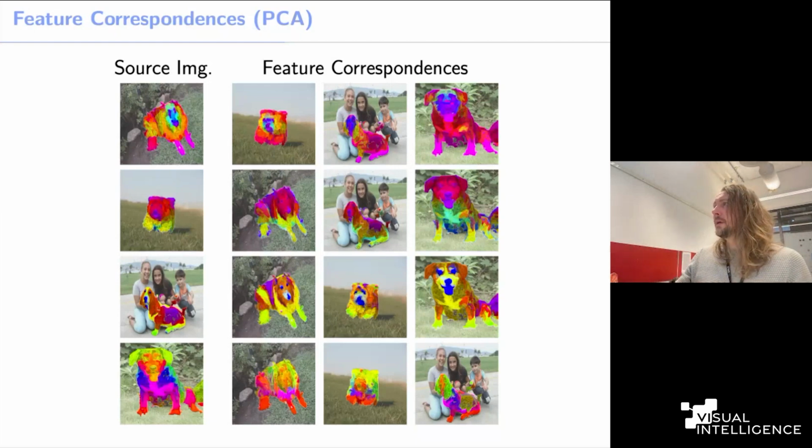Then we look at the feature correspondences for each token, and we map that using PCA, so we can visualize which features correspond to one another in RGB space, and then we visualize this here.